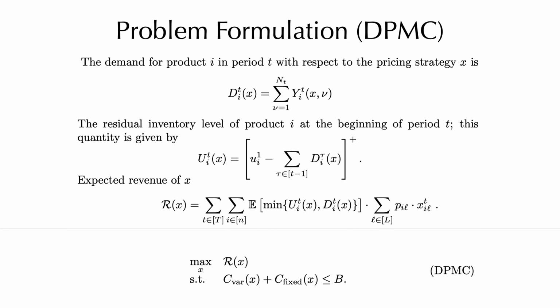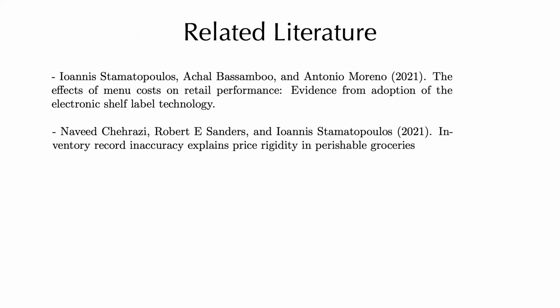Okay, so let me move into the first flavor of results. Oh, before I do that, let me just mention the papers that are closest. Yannis Stamatopoulos at UT Austin has really pioneered in our field this notion of menu cost. He's written a lot of papers on it. Here are just two. His first one, with Achal and Tony, looks at what happens when a retailer goes from printed price labels to digital.